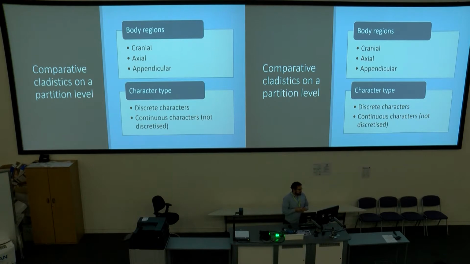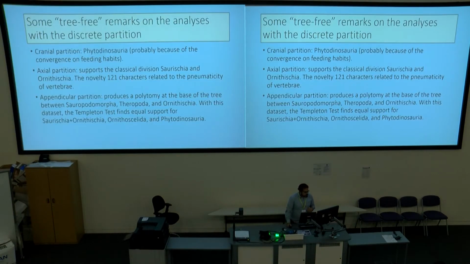I also did partition analysis, which is having your data set and seeing how the information from the head, information from the vertebral column, and information from the limbs compares to each other, and also splitting the characters between discrete and continuous versions. I'm not going to put trees because putting trees in slides is really difficult.